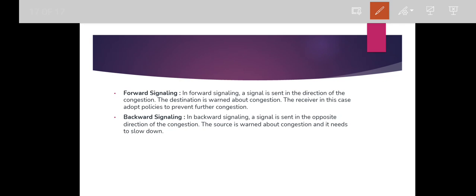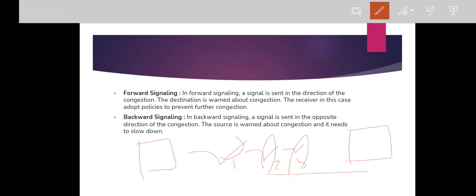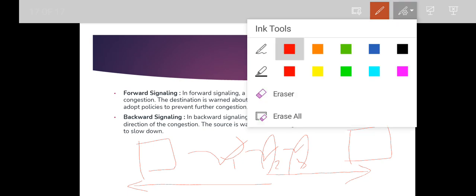Here is the sender and here is the receiver, and in the transfer there are a number of routers, and if the third router or second router is facing congestion, it sends this information to the receiver side, the destination side, informing that there is congestion. And in backward signaling it sends information to the sender side. So in a backward direction it sends the information.